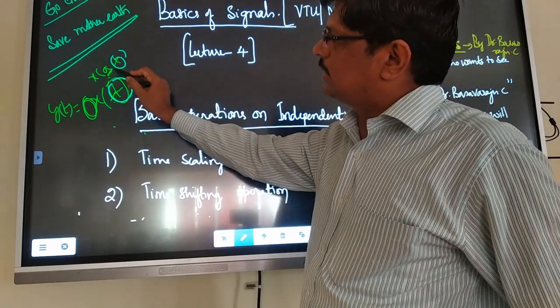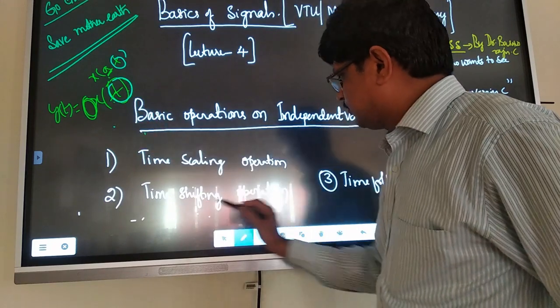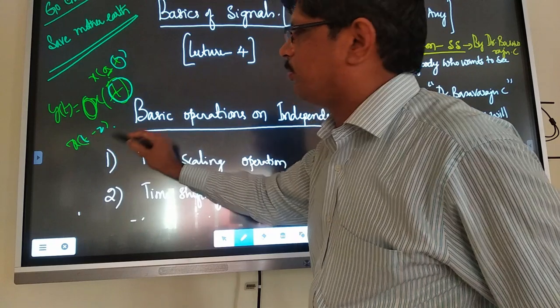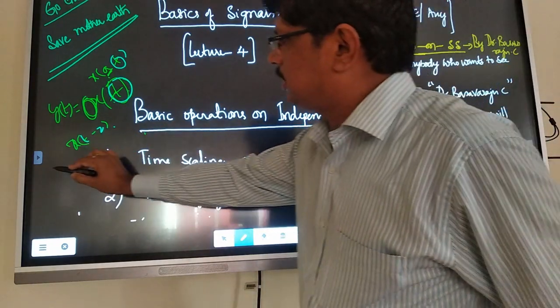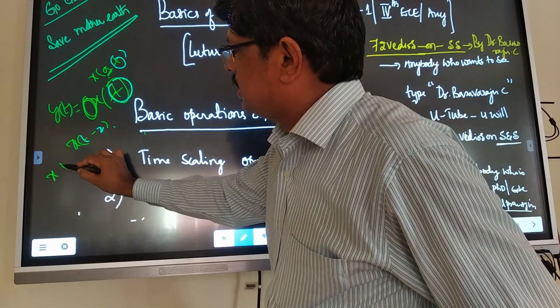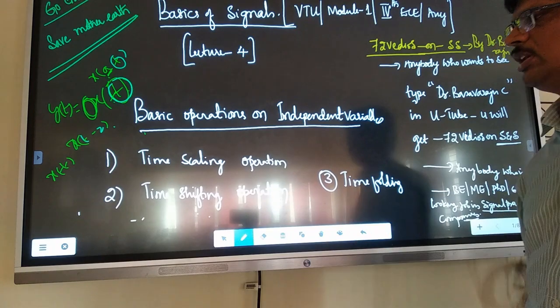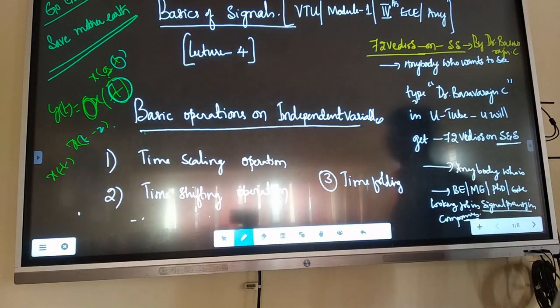Then time shifting, x of t minus 2 or t plus 2. Then time folding, that is y of t is equal to x of minus t, the reflection property. All these three we will deal with today: time scaling, time shifting, and time folding.